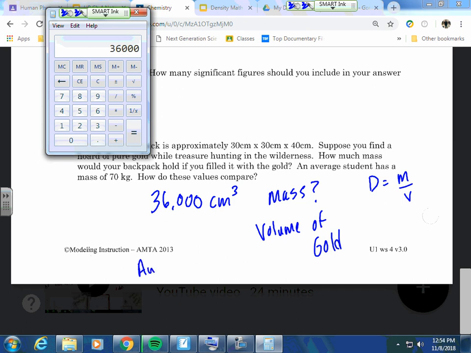So AU density, 19.30 grams per milliliter. Could I also just say grams per cubic centimeter? Same thing, right? All right, so I have some variables I could plug in here. I have 19.30 for density.